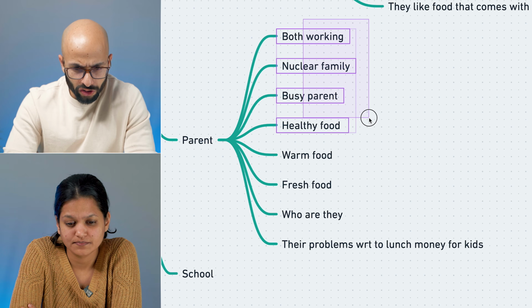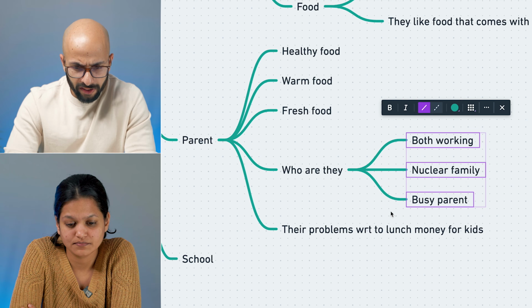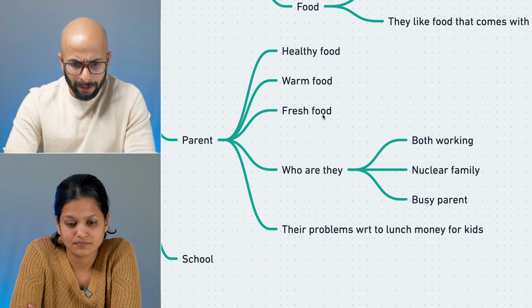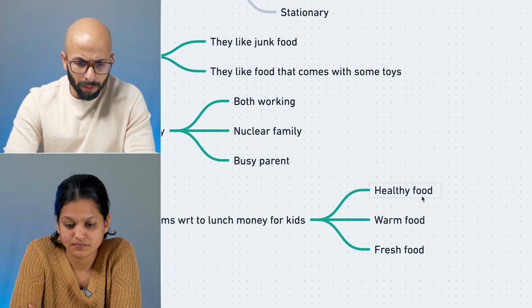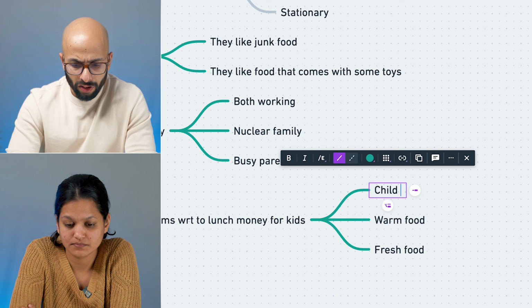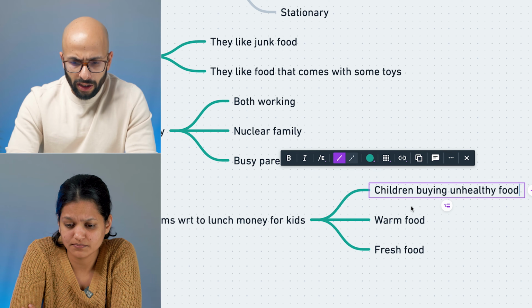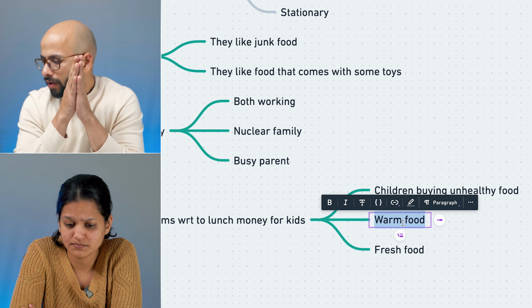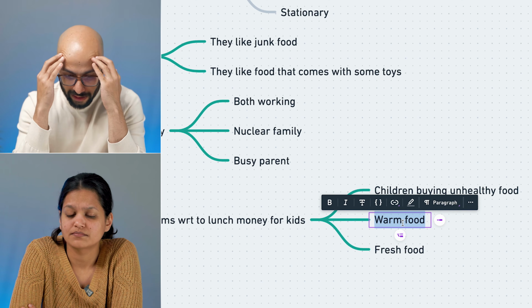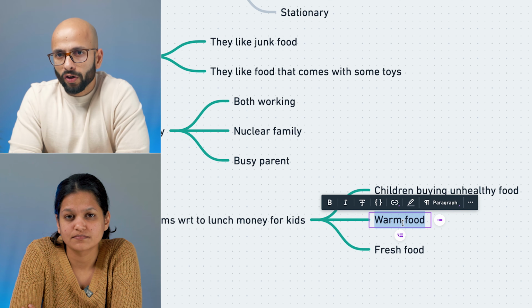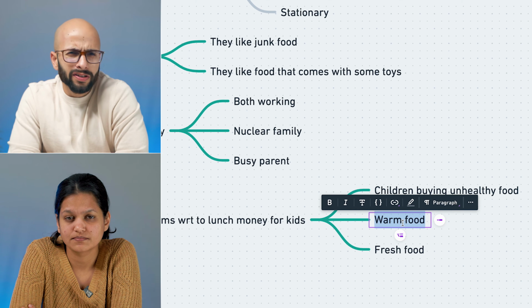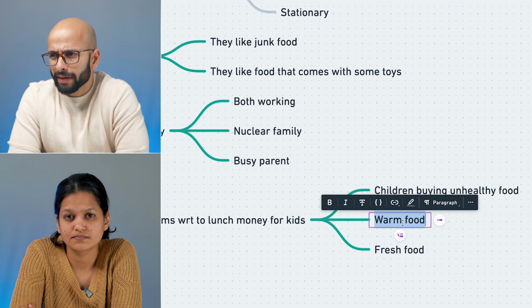Just gonna structure this. So they're busy parents, tier 1, both working. Their problem is, I think their main problem is children buying unhealthy food. And coming back to your question, the reason why my parents or our parents probably never gave us 20, 50, 100 rupee notes when we were 6-year-olds, maybe later, I don't think it's because they couldn't afford it.